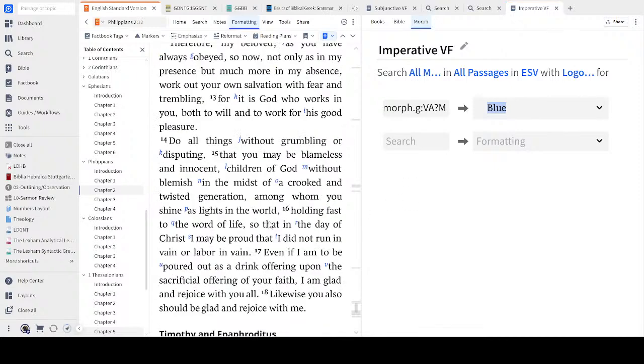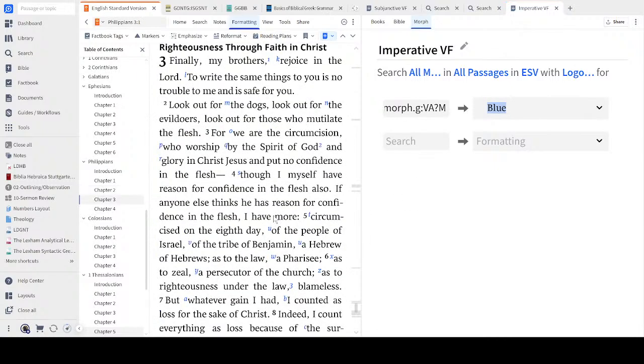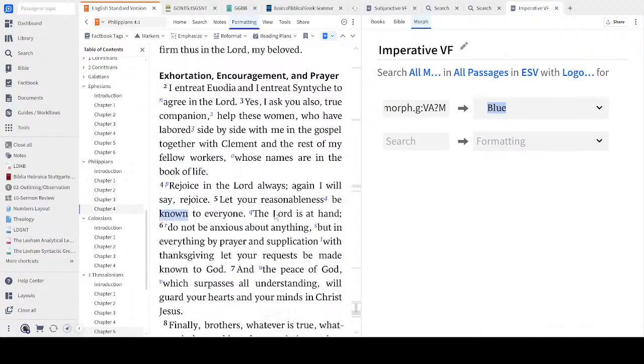So I don't see any aorist here. I see one right here in Philippians 4. Rejoice in the Lord always. Again I will say, rejoice. Let your reasonableness be known. So here is an aorist passive imperative.